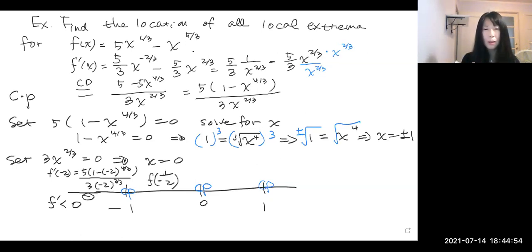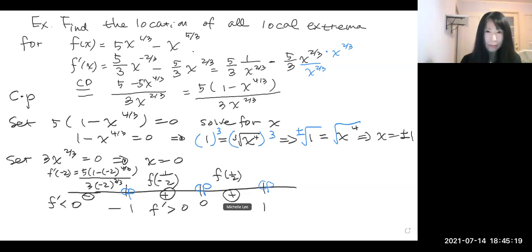Is it negative or positive? Positive. Then f prime is greater than 0. And then what do you want to pick in this case, between 0 and 1? 1/2. Okay, I think this is positive as well.